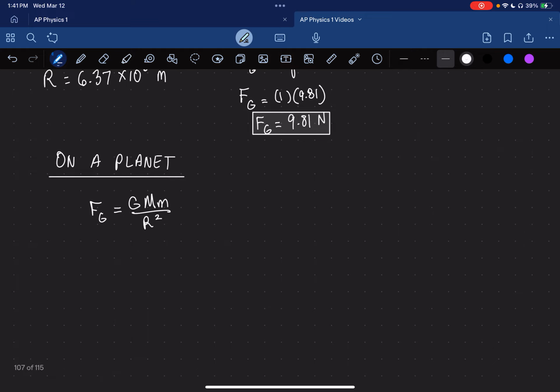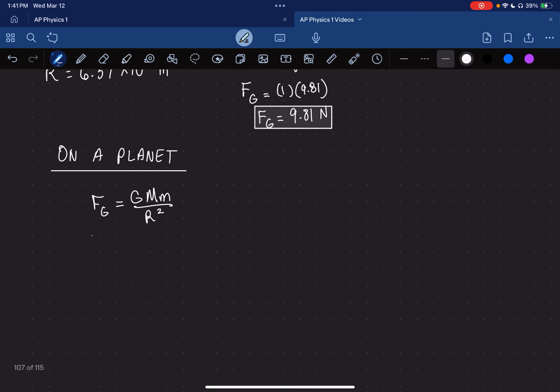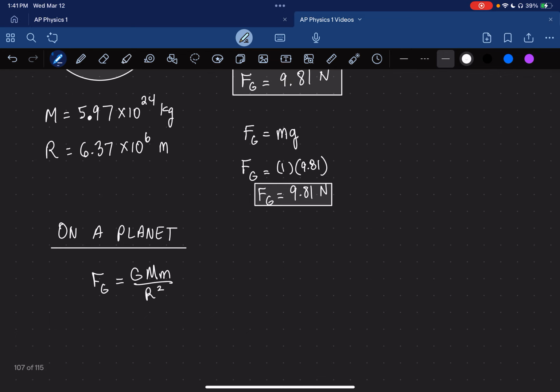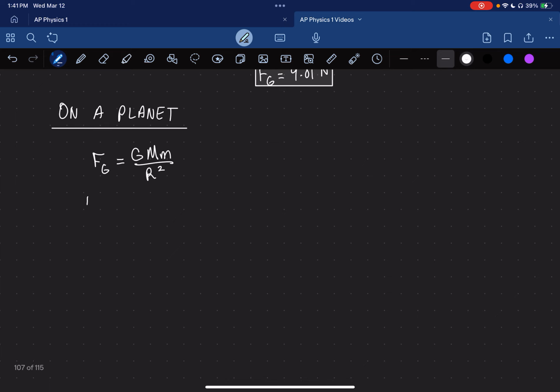I don't know if I said Earth, but any planet really. Fg is equal to GMm over r squared. And we know from what we've been using, little mg, we can substitute little mg here for the gravitational force and bring this over. And look at this, the little m cancels.